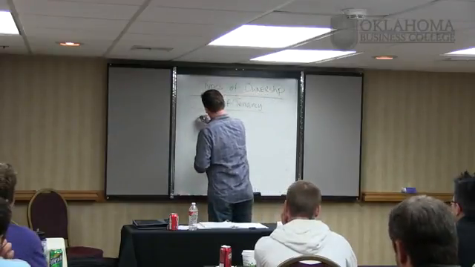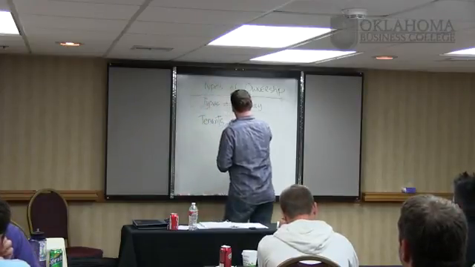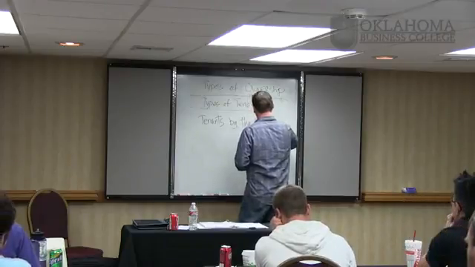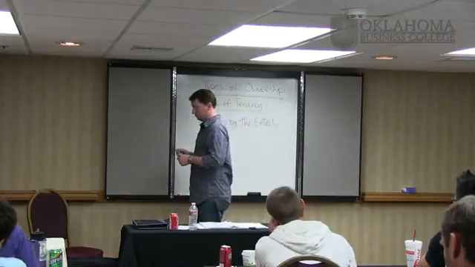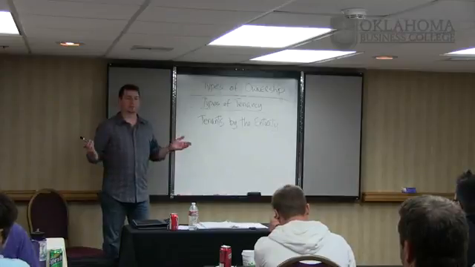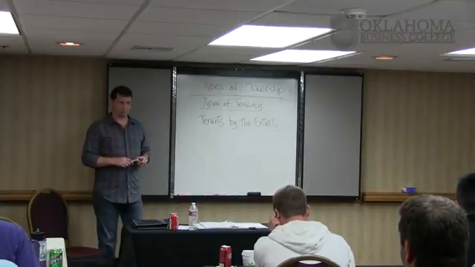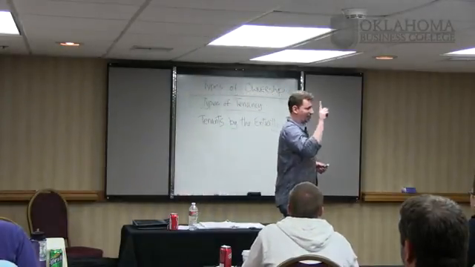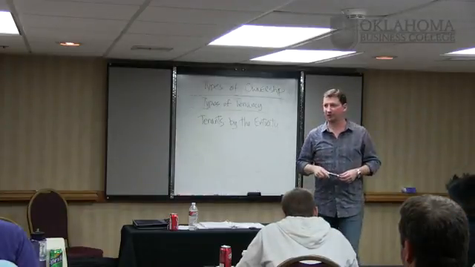Here's a fun one. Tenants by the entirety. Joint tenancy that can only be between husband and wife. Exactly the same as joint tenancy, but it can only be between husband and wife. I've seen it one time in all the instruments of conveyance I've ever seen.